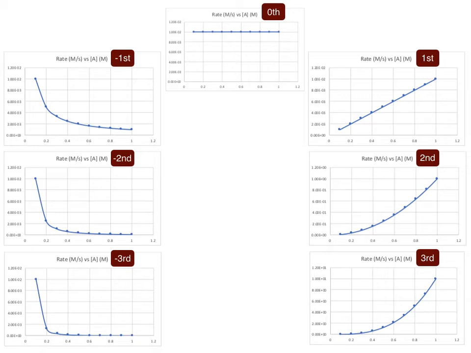Its rate is constant, equal to the rate constant k, and not dependent upon any difference in concentration. For negative orders, rate is inversely related to concentration, and for positive orders, rate is directly related to the concentration. Furthermore, as the order changes, the rate is related exponentially to the concentration.